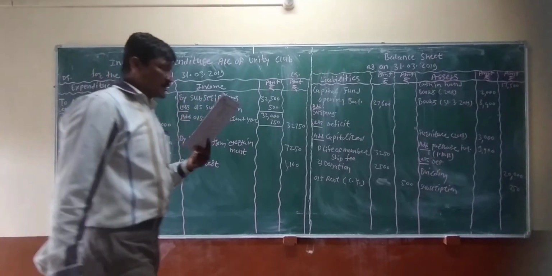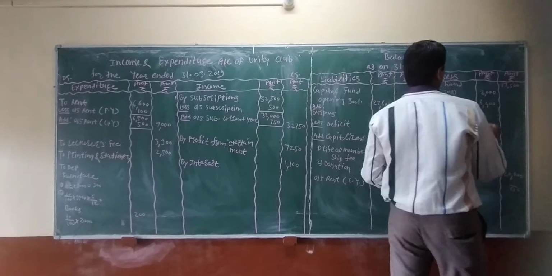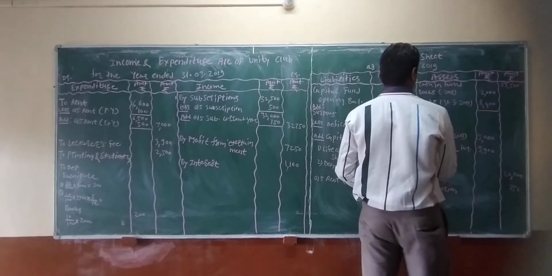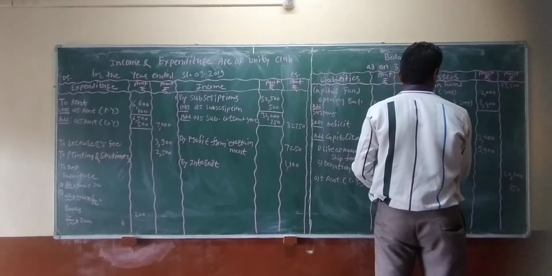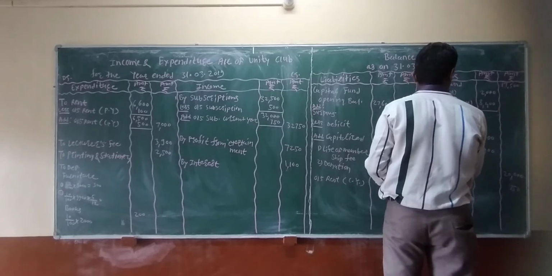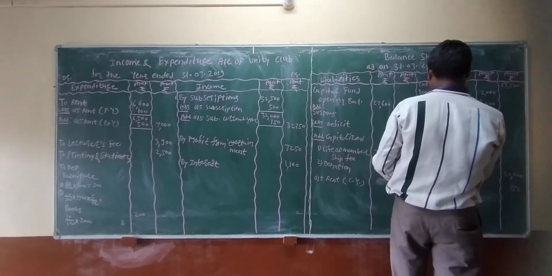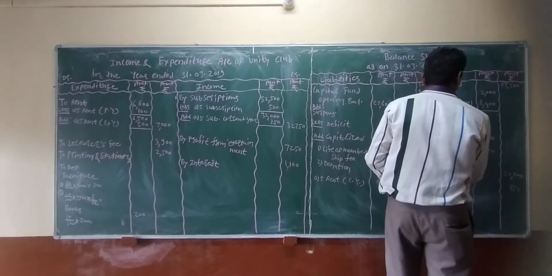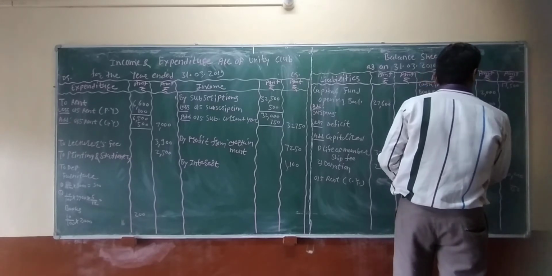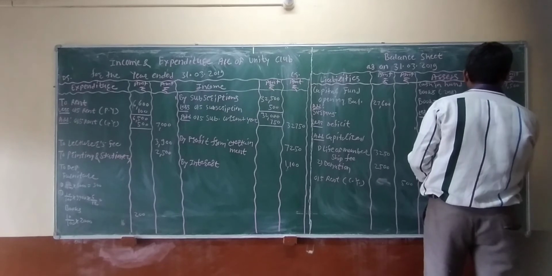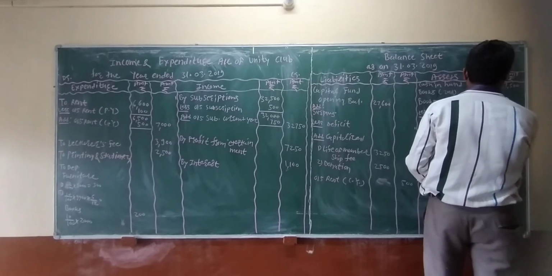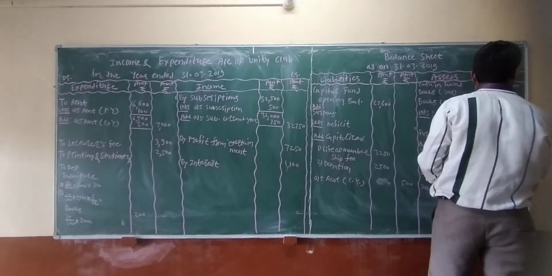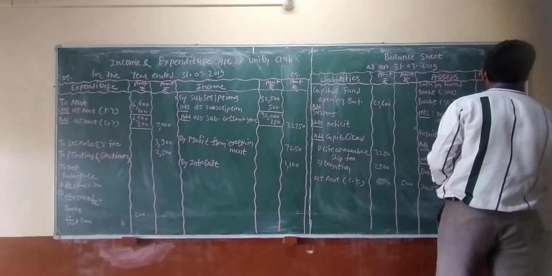So depreciate books only at 10%. Depreciation 10%, 10 divided by 100 into 2,000 is equal to 200. 2,400 less 200, that means 2,200 amount is transferred.